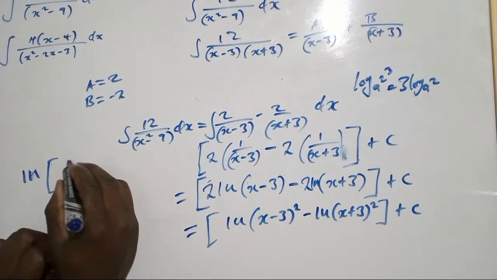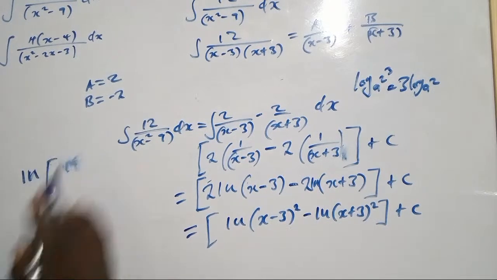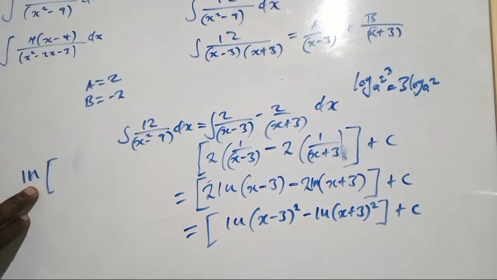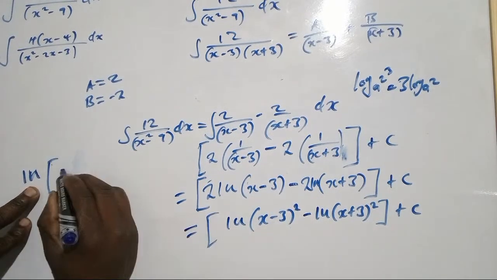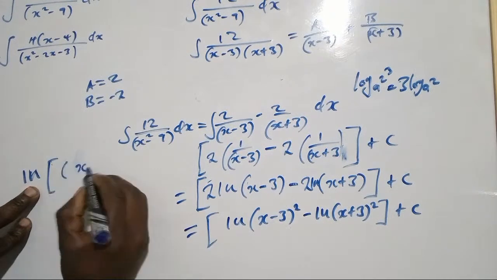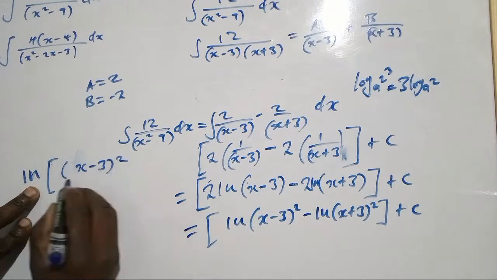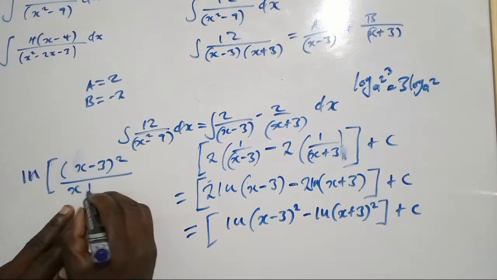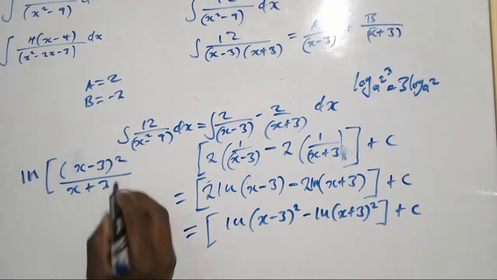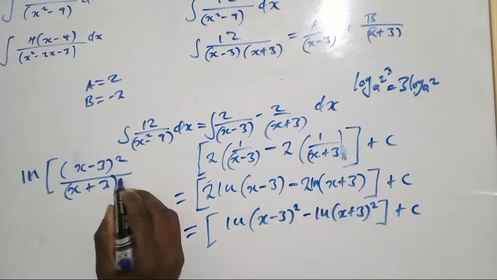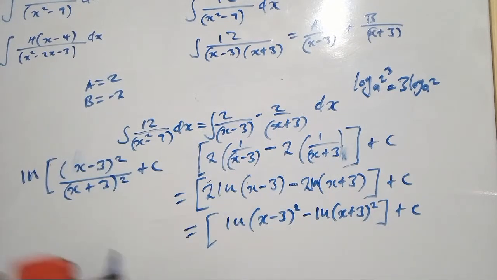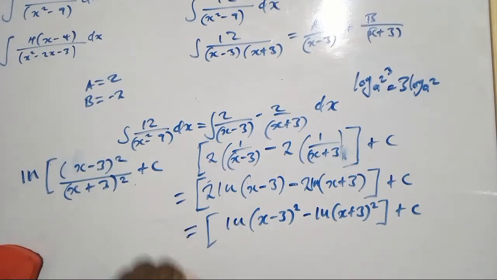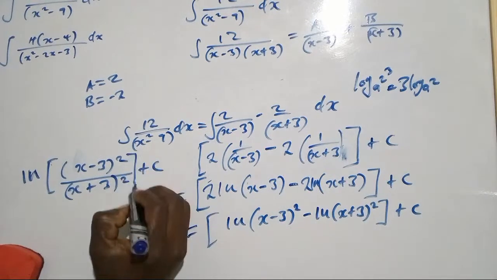So we're going to say ln of open bracket x minus 3 squared over this term which we're having here, which is x plus 3, squared, then plus c.